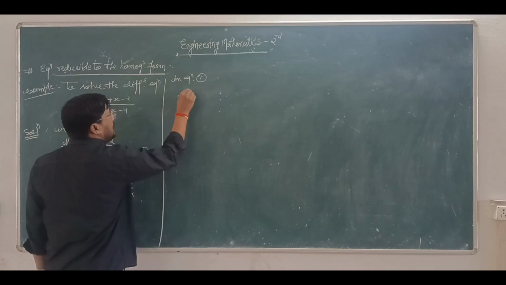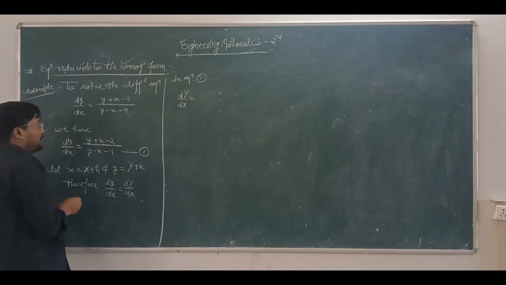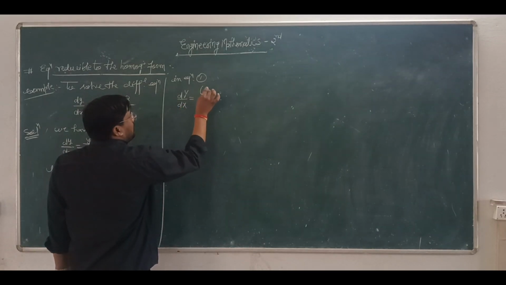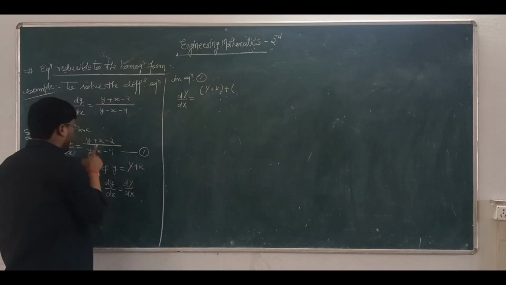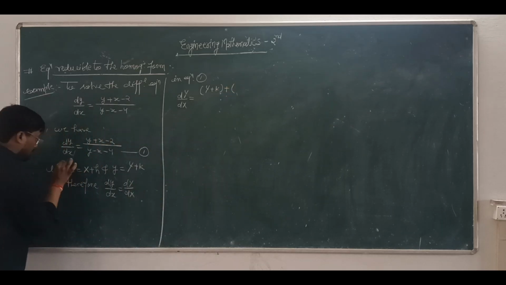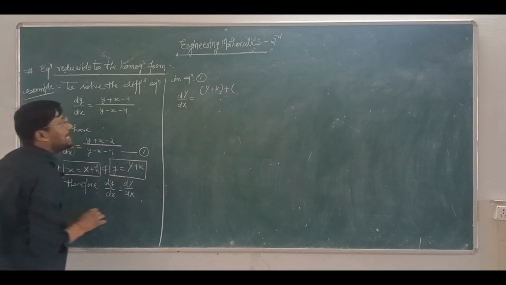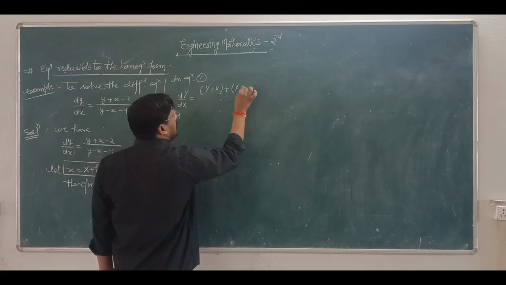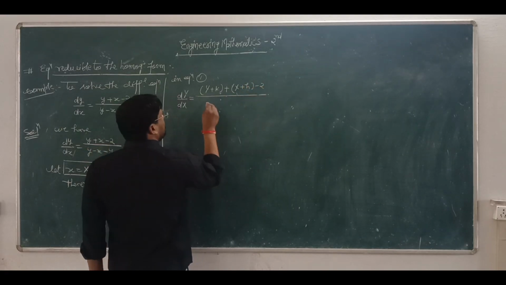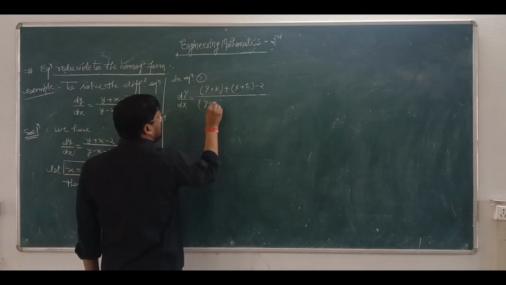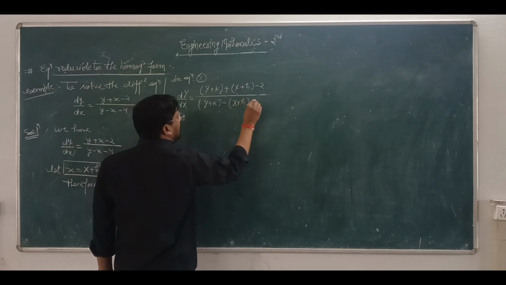Now you can write d capital Y of d capital X is equal to capital Y plus k plus x, this means capital X plus h, minus 2. Now you can write y, this means capital Y plus k, minus x, capital X plus h, minus 4.